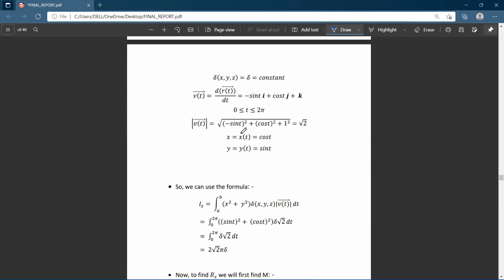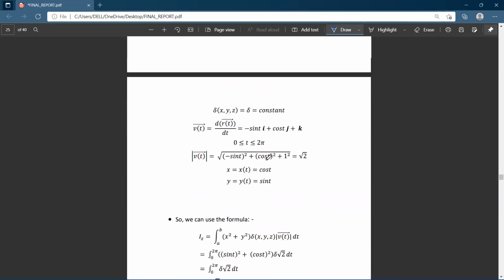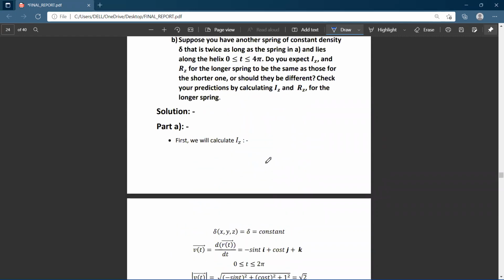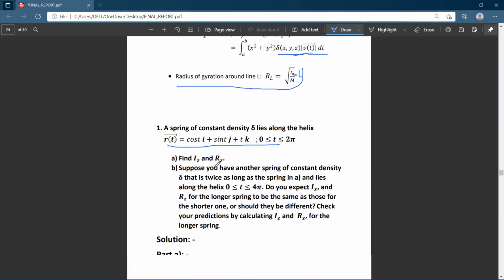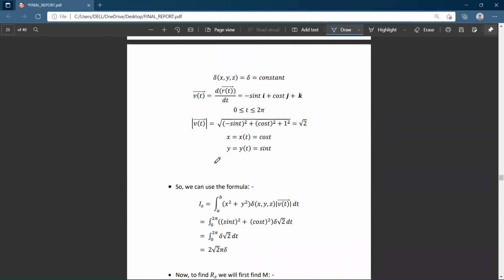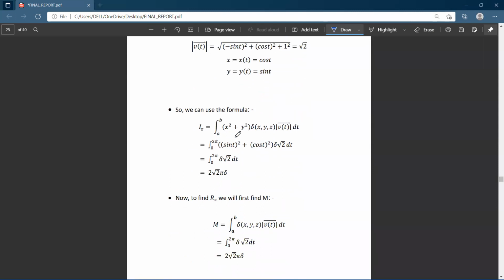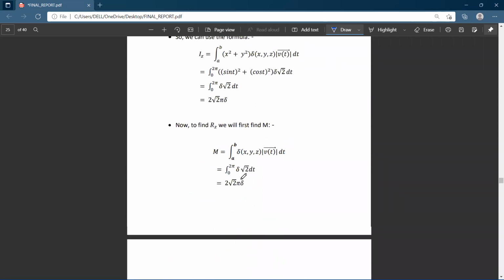We can replace x and y using the given formula: x(t) is cos t and y(t) is sin t, which I am fetching from the vector r(t). Putting those x and y values in the equation of the moment of inertia about the z-axis and simplifying, we get 2 root 2 pi delta.